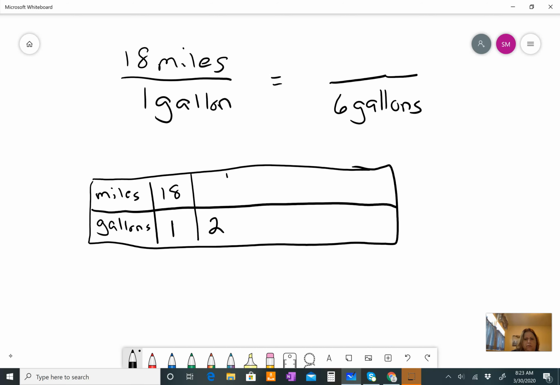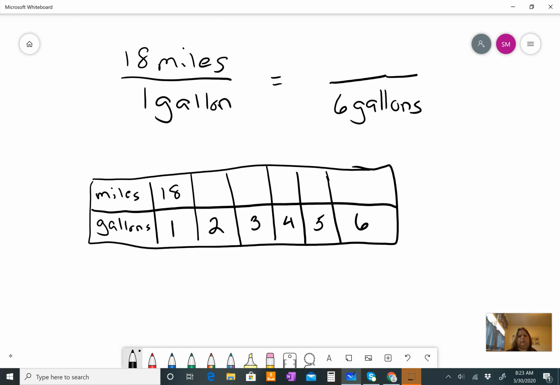So I want to fill these in. 2, 3, 4, 5, and 6. All right. So you may want to get a calculator here, because this has got a little bit more side math to do. So I'm just going to grab my calculator real quick.